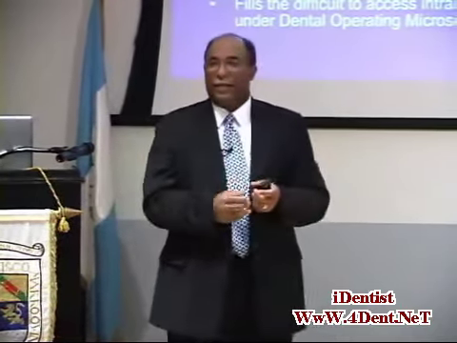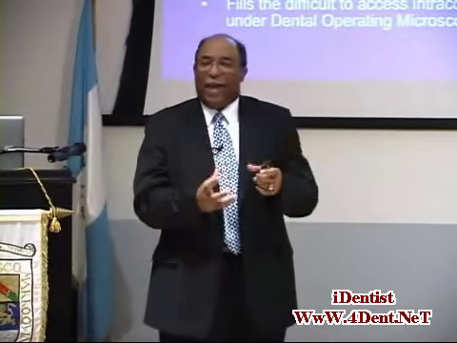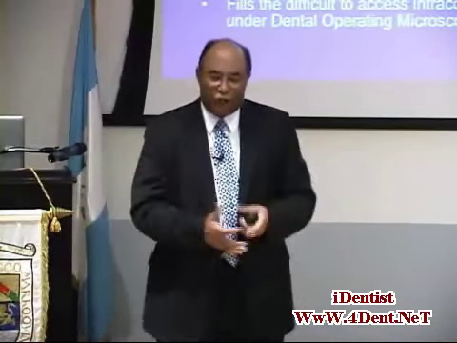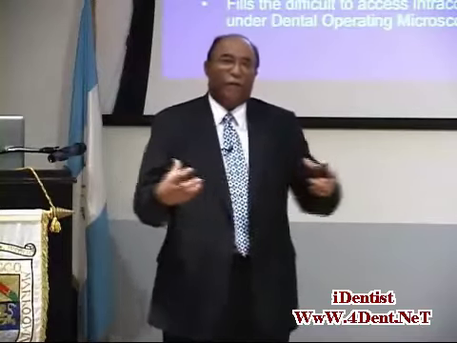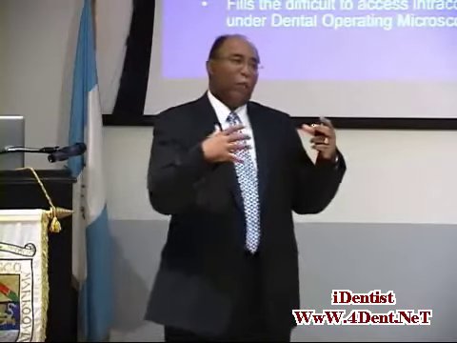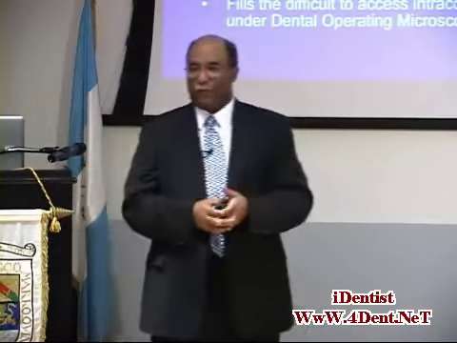Flowable composite is flowable because it doesn't have fillers present. And the fillers give the composite more strength and rigidity, and with that comes an ability to resist occlusal forces.